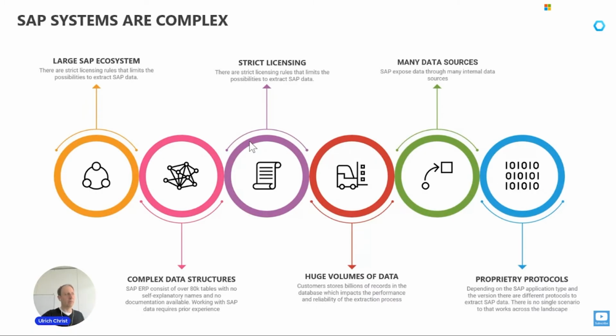You're probably all aware of the complexity of SAP systems: licensing constraints, many data sources, high volumes of data, proprietary protocols. SAP is always special when it comes to protocols and technologies, right? Complex data structures, many tables, wide tables with hundreds of columns, and sometimes five-letter German acronyms.